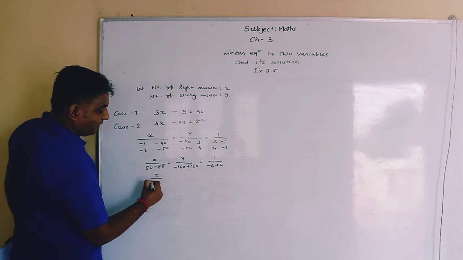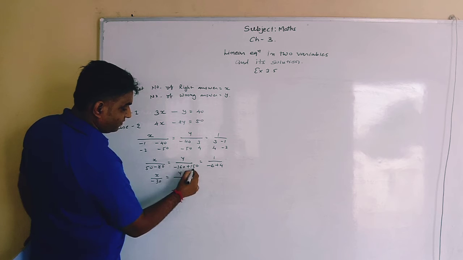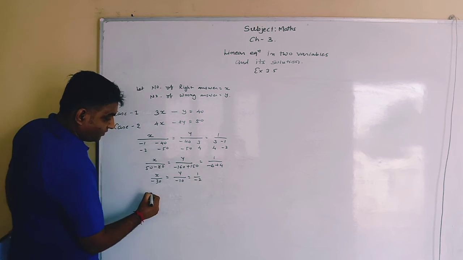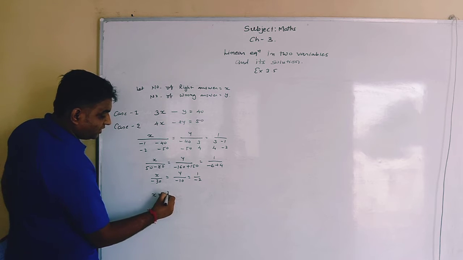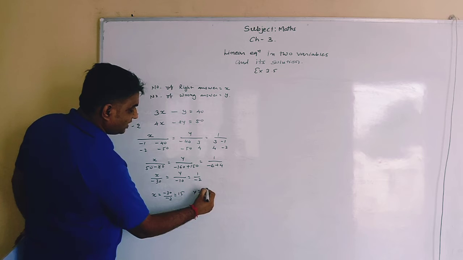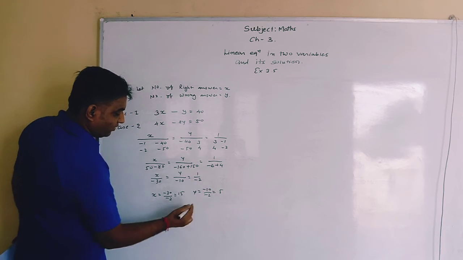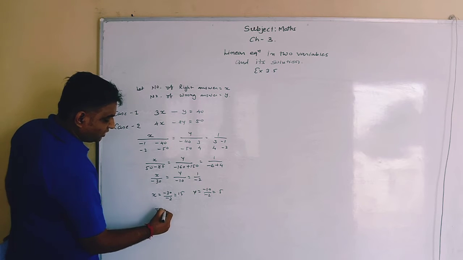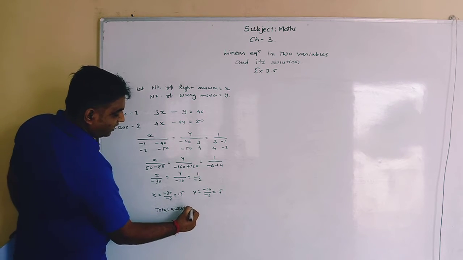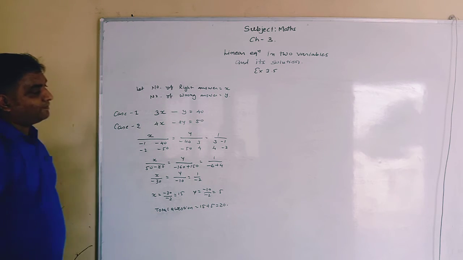So x upon minus 30, y upon minus 10 and 1 upon minus 2. So x is minus 30 by minus 2, 15, and y is minus 10 by minus 2, sorry, plus 5. And so the total questions equal 15 plus 5 equals 20.